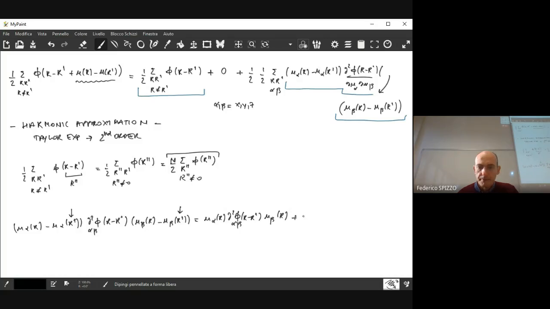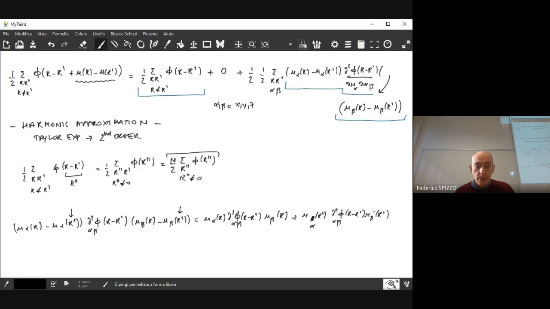So we have plus u beta r prime second derivative, sorry, this is not beta, this is alpha. So these two terms have the same structure. That means same coordinate for what concerns the displacement from the equilibrium position.